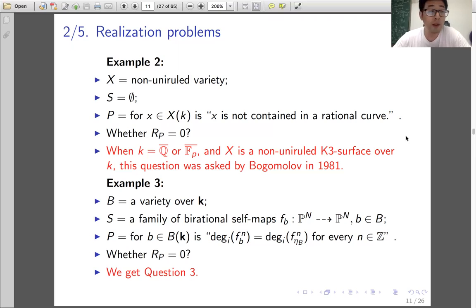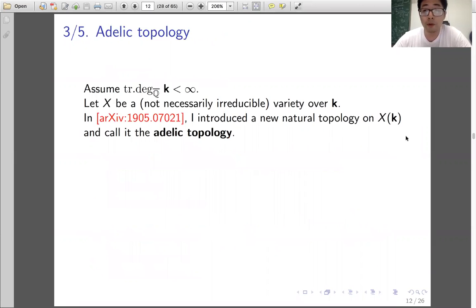But sometimes we can ask a stronger question. We can ask whether almost all points satisfy this property. To describe what almost all means, we may introduce a new topology, and we call it the adelic topology.